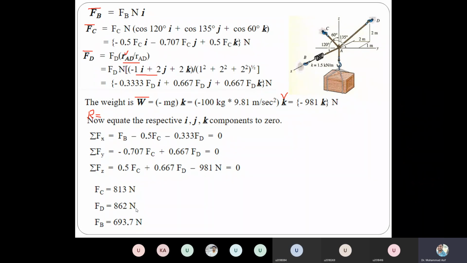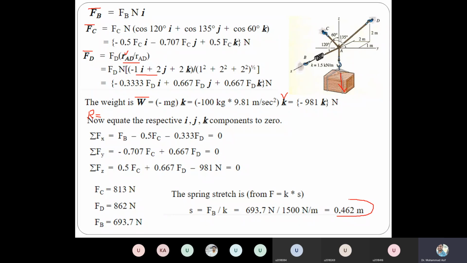Once you get these three forces, can you get the spring constant? The second part was to calculate the stretch in the spring. We just calculated the spring force FB, and the k value is given, so we can calculate the stretch in the spring. The stretch in the spring because of that weight was equal to 0.462 meter.